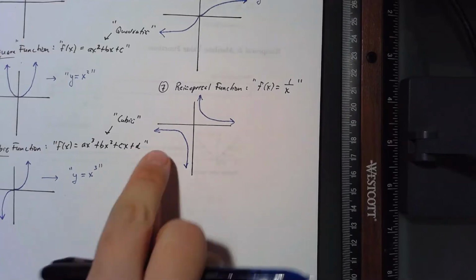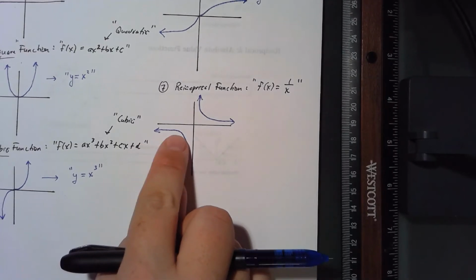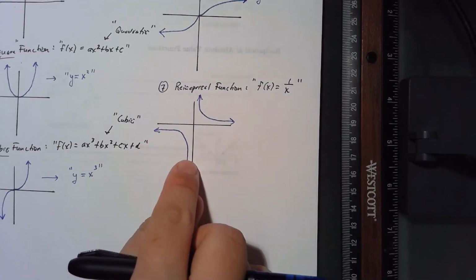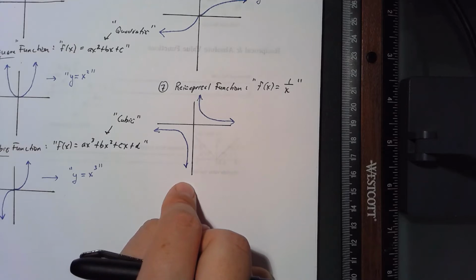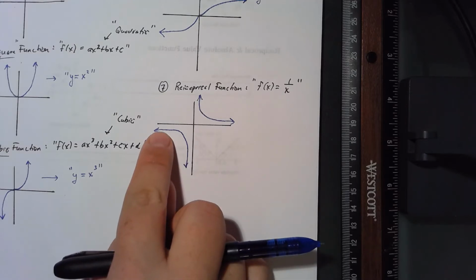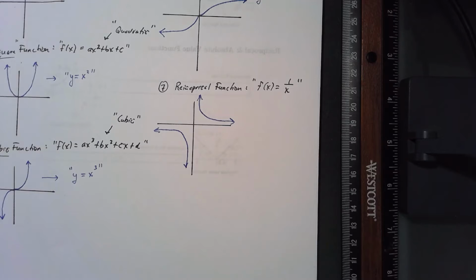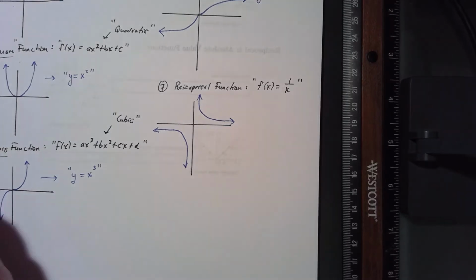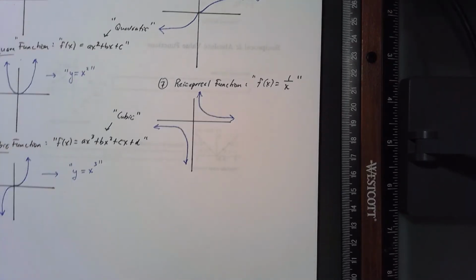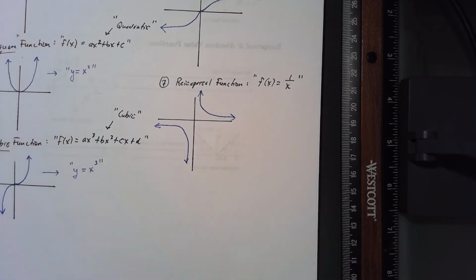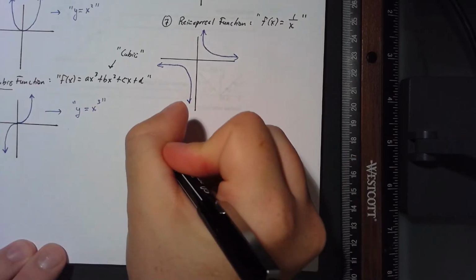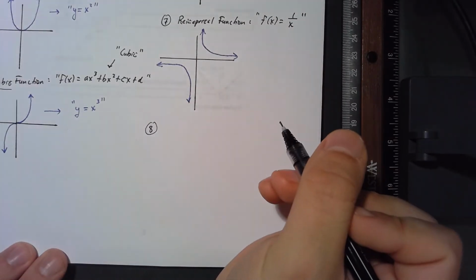Basically, these graphs hug the axes, but they don't ever cross them. That concept is actually called an asymptote, but we'll discuss that later in Chapter 5.